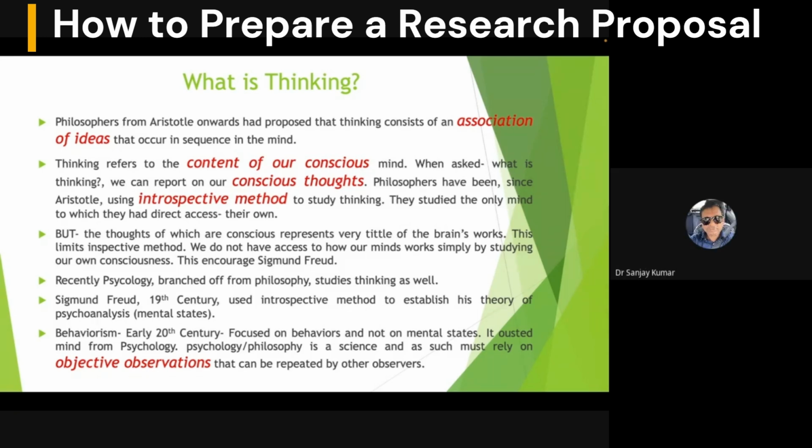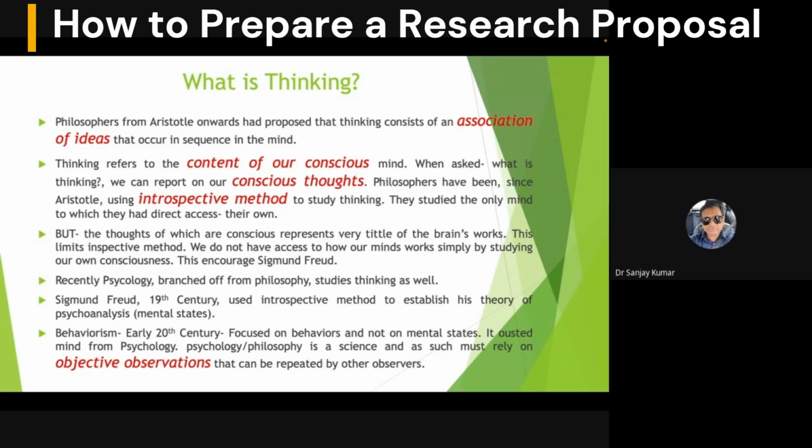Say, for example, you are in a group of 10 friends, and suddenly you stop talking and start staring at the roof, and someone says, what are you thinking? Usually, if it is something you want to tell, you could report what is going on in your conscious thought. So philosophers since Aristotle have been using the introspective method to study thinking. They studied the only mind to which they had direct access, their own.